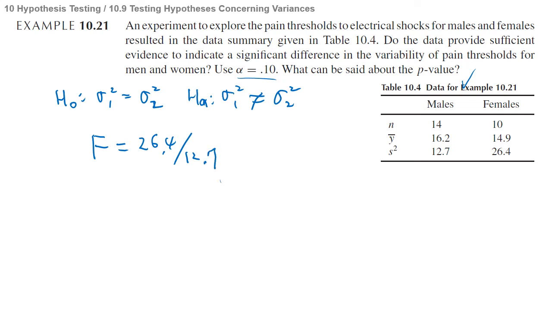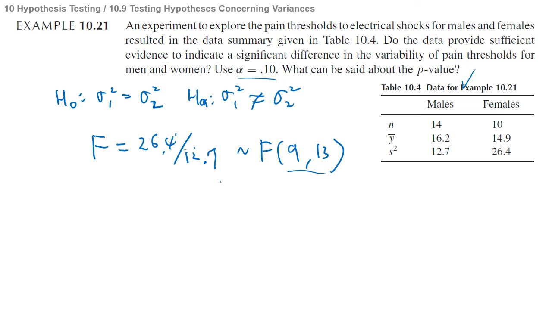Actually, it doesn't matter if you flip these values. It just matters what distribution you are going to use. If you are using this way, the degrees of freedom are 9 and 13. So as long as you use the correct distribution, it doesn't matter if you define this as 12.7 over 26.4 or vice versa.